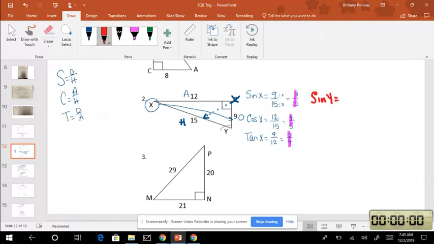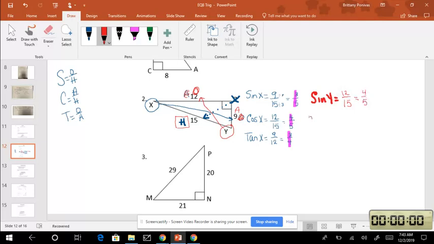So for angle Y, which is here, opposite is going to be 12. Hypotenuse is not going to change. Adjacent means next to, so this 9 becomes the adjacent side. So sine of angle Y is opposite over hypotenuse. The opposite side is now 12. The hypotenuse is 15. That reduces to be 4 over 5.